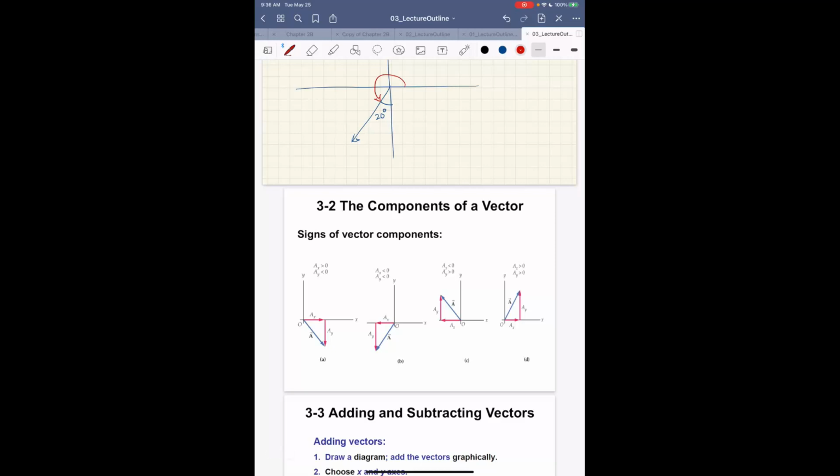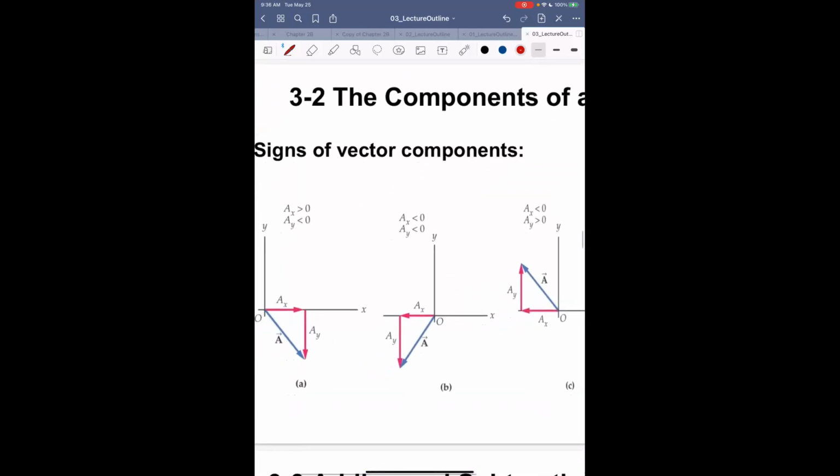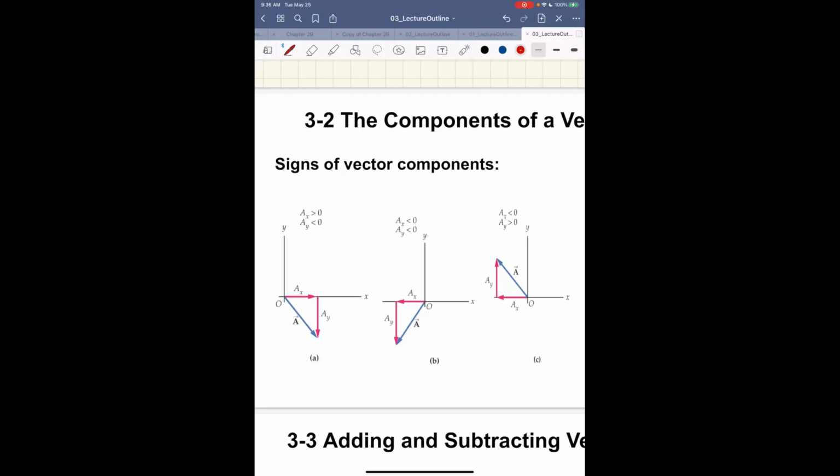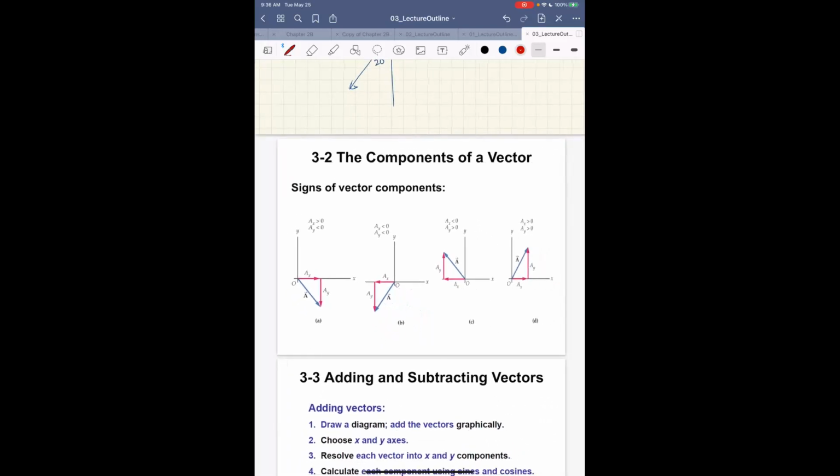Now, of course, here I'm showing you that depending on where your vector is, you are going to get different signs for the components. For example, in A, AX is positive and AY is negative.